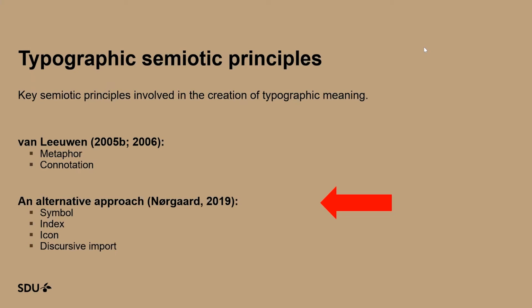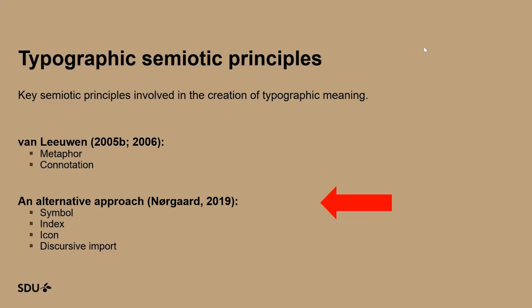I was not awfully happy with those categories when working on my data. I'm very inspired by the approach, but for various reasons, I chose to work with slightly different categories, and four of them. And as you can see, three of them are some that I have borrowed from Peirce. I have to say that I'm not a Peircean semiotician, but I found these concepts really useful in this context.